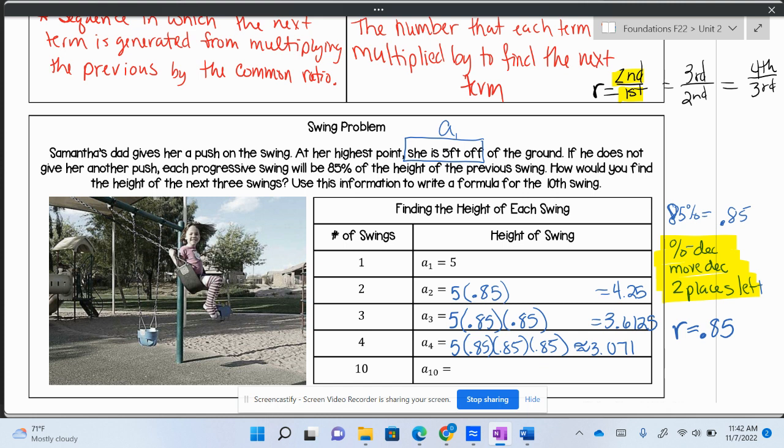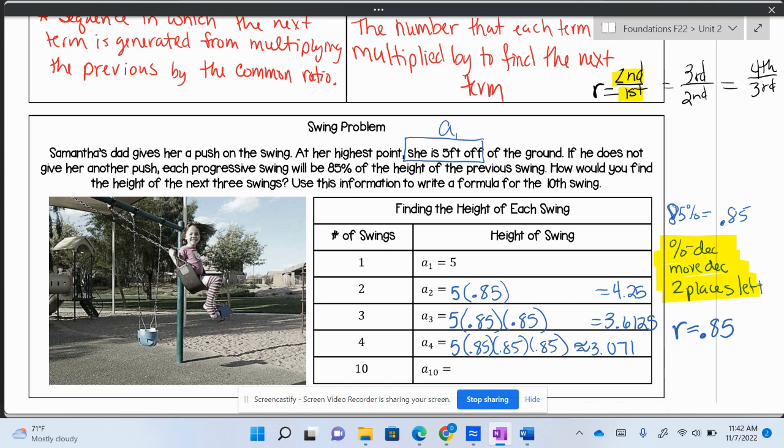Okay. So think about when we were finding the nth term of an arithmetic sequence. Remember the question, how many times did I have to add 10 to get the fourth term? We added it 3 times. That was the arithmetic sequence, n minus 1.